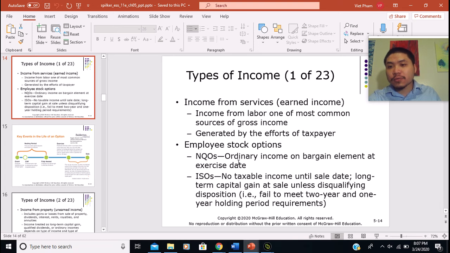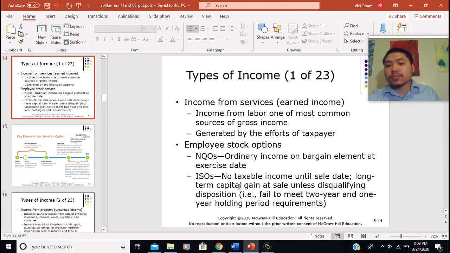So basically it's going to be at a higher tax rate. But for ISOs, when they are taxed on the selling date, the taxpayers are taxed at the long-term capital gain tax, if they hold the stock for more than 1 year.